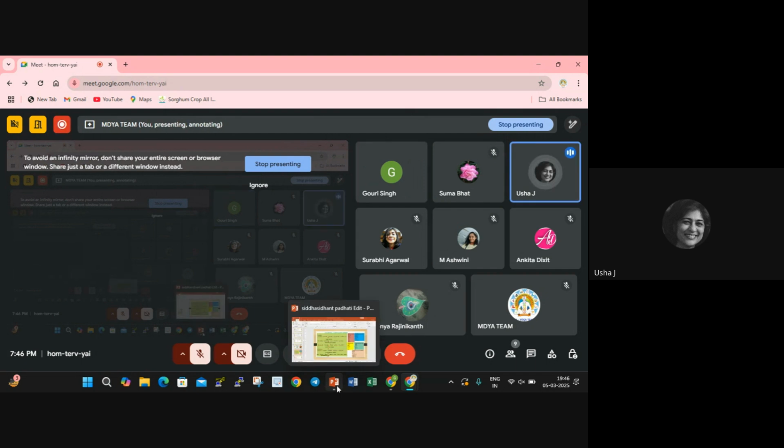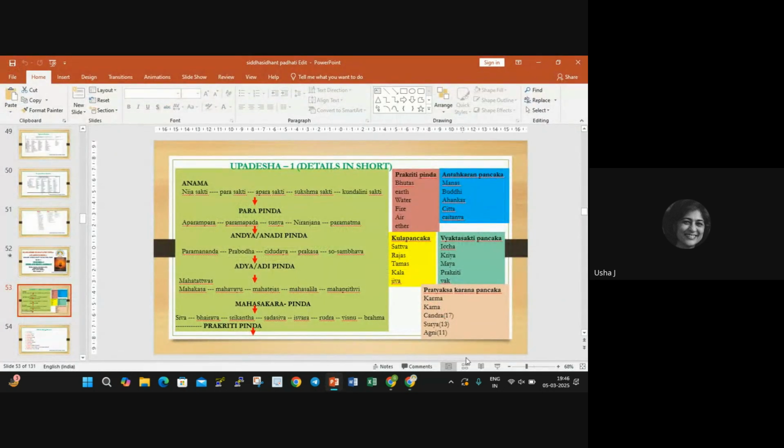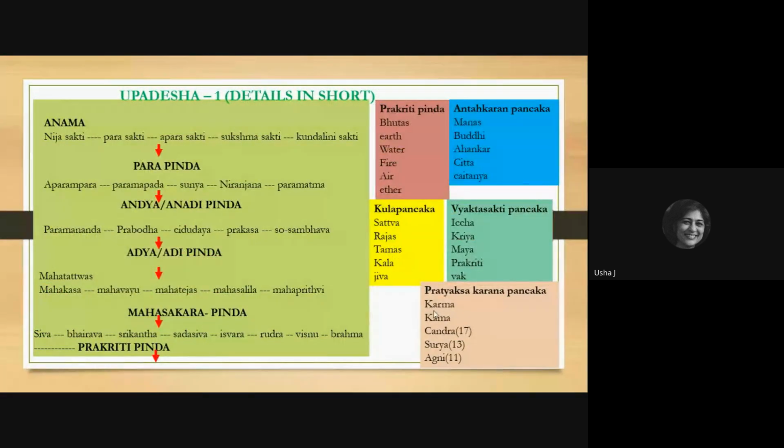Just one question: this Siddha Siddhanta Paddhati, was it before the Sankhya philosophy, or after that? It is 10th to 11th century, so near about that.